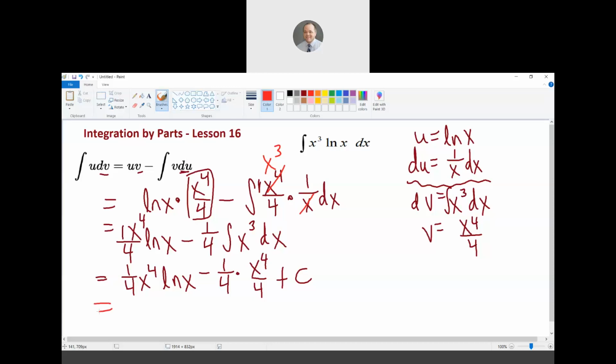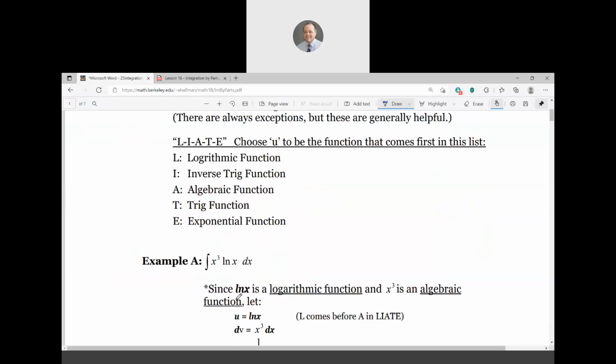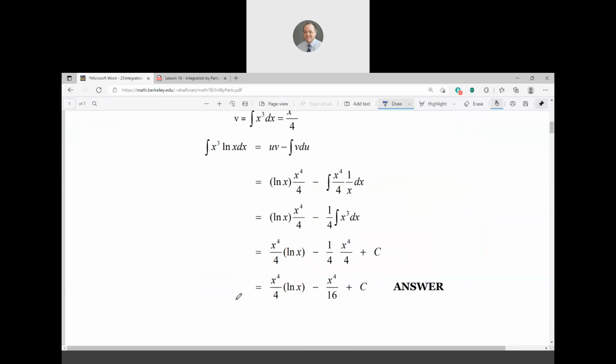So our final answer is 1/4 times x to the fourth natural log of x minus 1/16 x to the fourth plus c. And let me check my answer. Yep, our answer is correct.